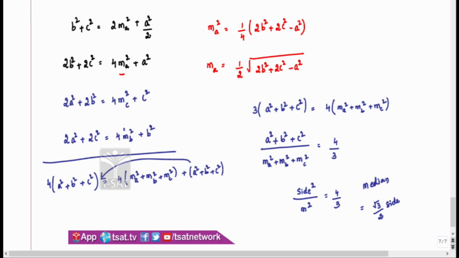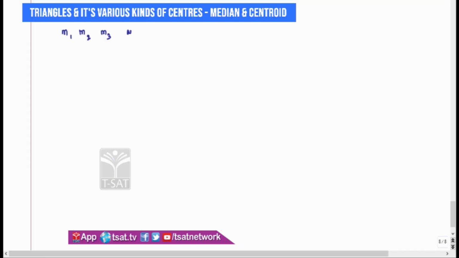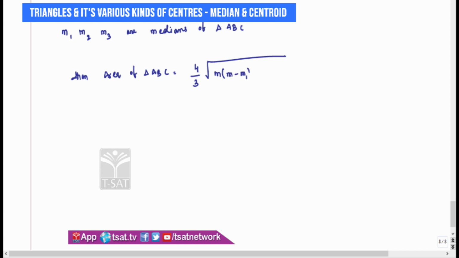Median is equal to root 3 by 2 into side in an equilateral triangle. If m1, m2, m3 are medians of triangle ABC, then area of triangle ABC is equal to 4 by 3 under root of m into (m minus m1) into (m minus m2) into (m minus m3).